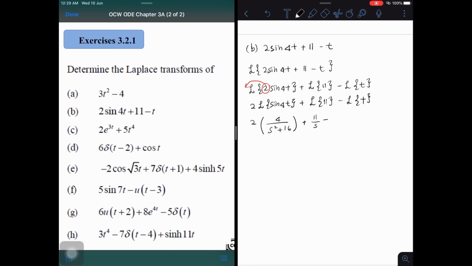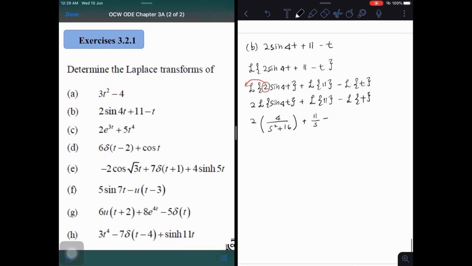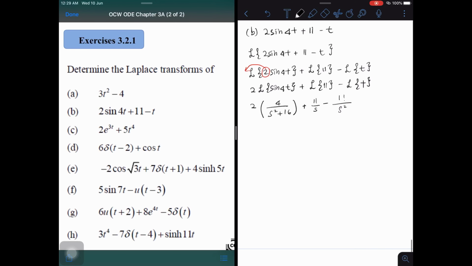Minus the Laplace transformation of t, where t is a polynomial to the power of 1. Therefore it will be n factorial over s to the n plus 1, so 1 factorial over s to the power of 2. Now this equation can be simplified. It becomes 8 over s squared plus 16, plus 11 over s, minus 1 factorial, which is 1, over s squared. Okay, so this is the solution for question B.